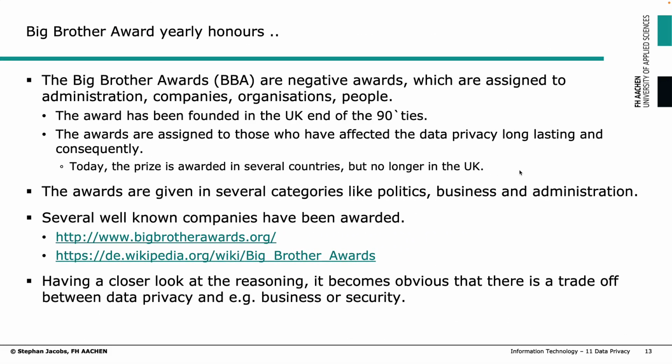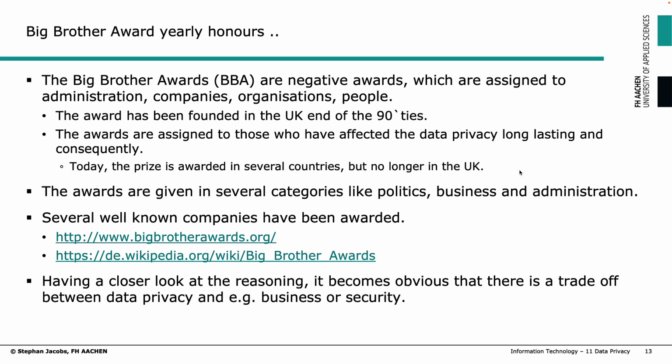I assume you have heard about Big Brother, this phenomenon which was first described in the novel 1984 by George Orwell. Big Brother sees everything, knows everything, tracks everybody, and so on. So it is really the idea of somebody who is not good in data privacy. The Big Brother Award is a negative award.